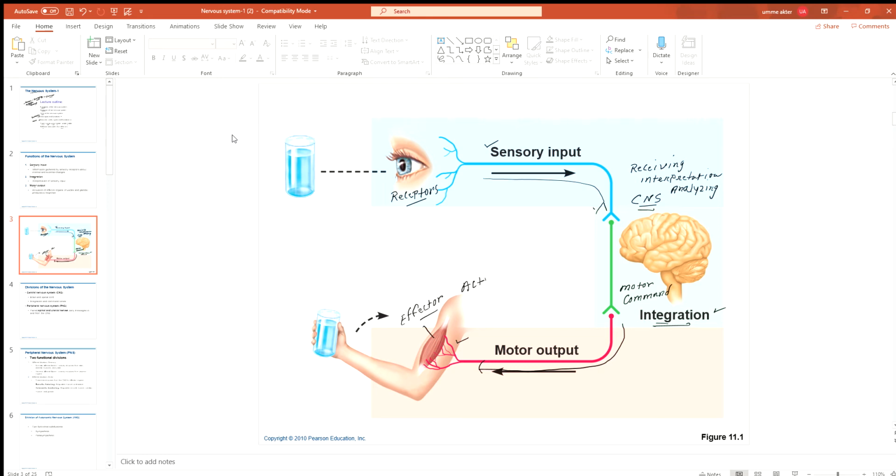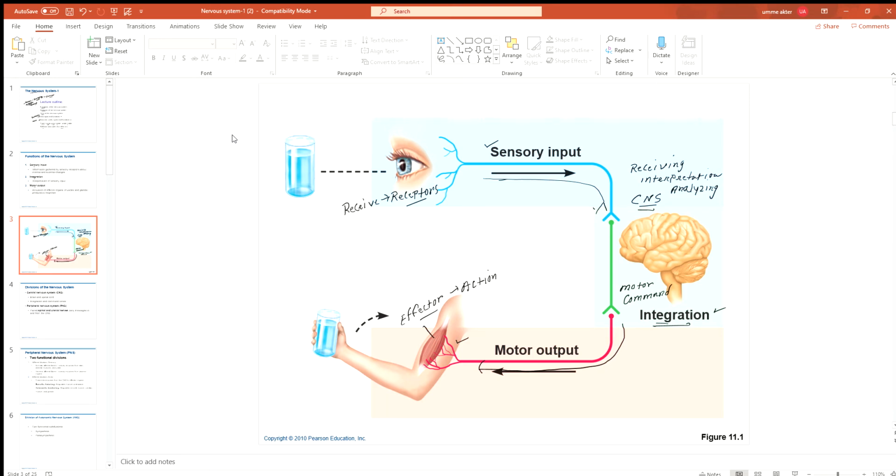So effectors perform the action, and receptors receive the signal, and sensory nerves take the signal to the integration center, which is the central nervous system, and then motor nerves take the motor output, the command, to the effector to perform the action.